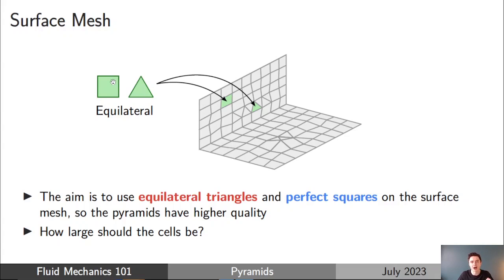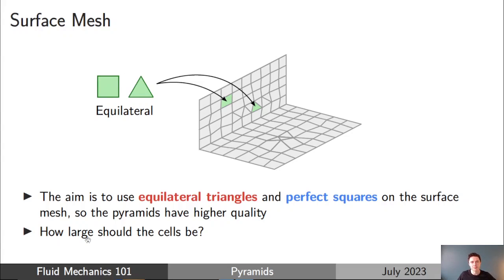They're going to be the ideal cell type for our surface mesh because as they're grown upwards, you can think of these as the base, firstly of the pyramids for the square cells, or the base of the tetrahedra for the triangular cells. So you're implicitly creating the base of those transition cells when you create your surface mesh. So we know what kind of shape we want. We don't want high aspect ratio, we don't want skewed, we want something close to equilateral perfect shapes.